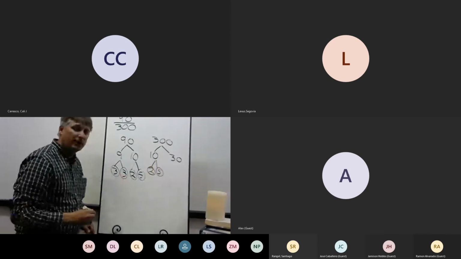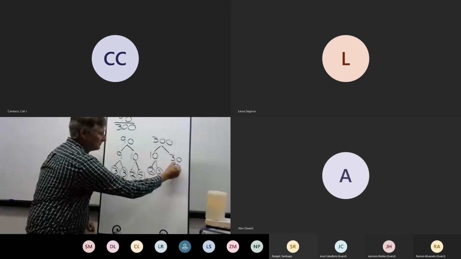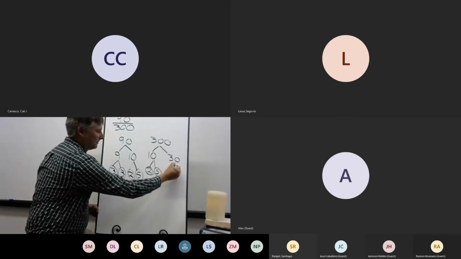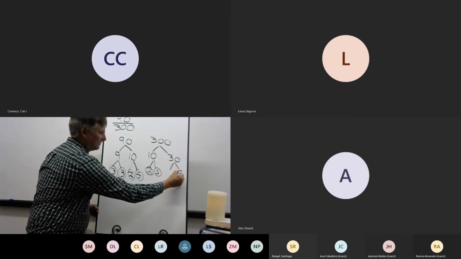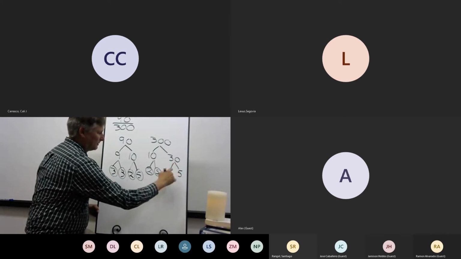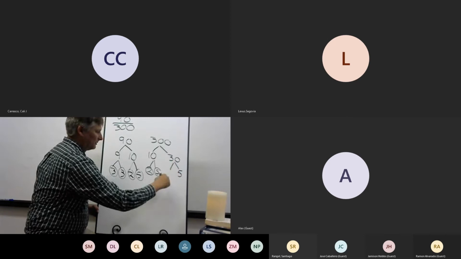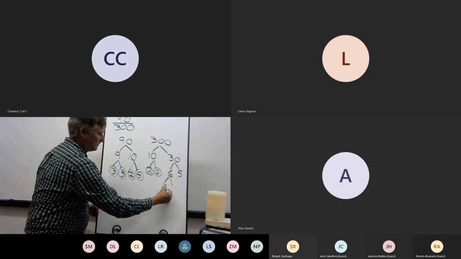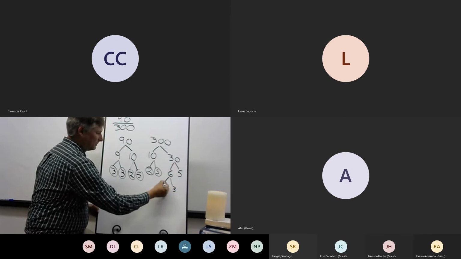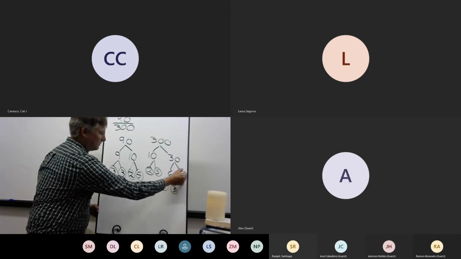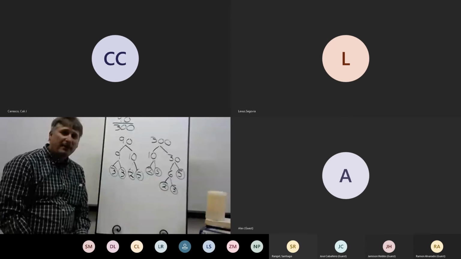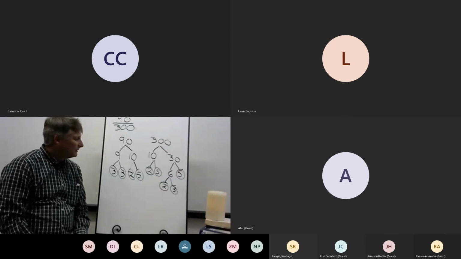Now I'm circling my prime numbers. And so that's the prime factorization of 30.